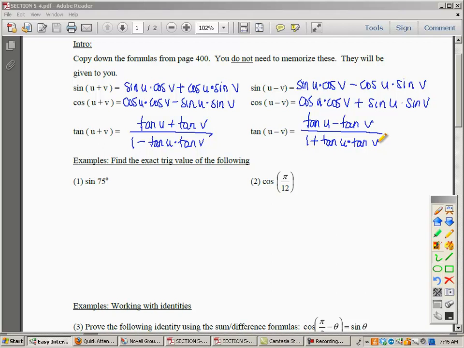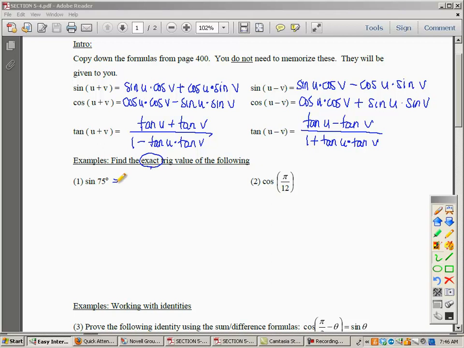So these are the formulas we're going to be using. Again, you need these formulas, which we'll give to you on the test, and then you also need your unit circle. And so we're asking you to find exact values. So I look at my angle 75 and I say, is there a way to make my angle either an addition or a subtraction of two different angles that are on my unit circle?